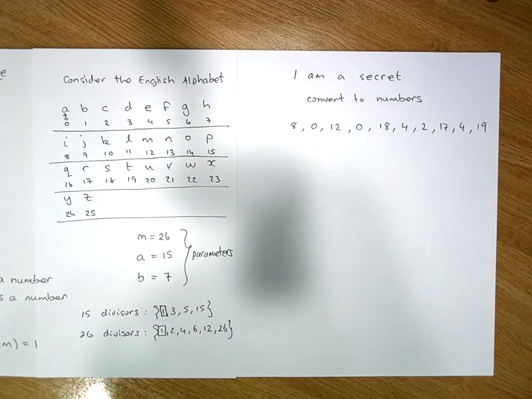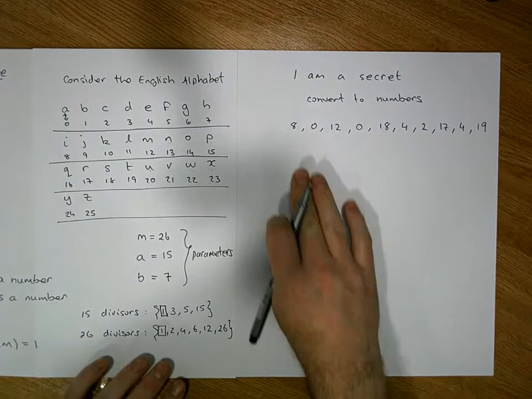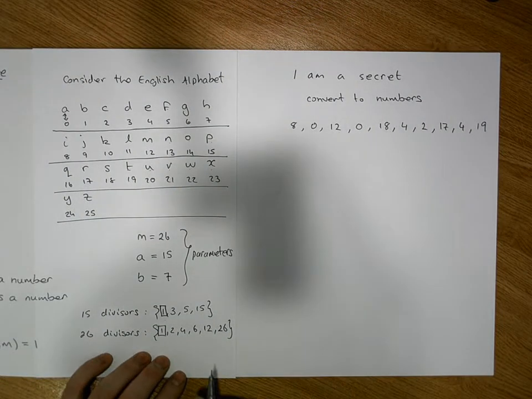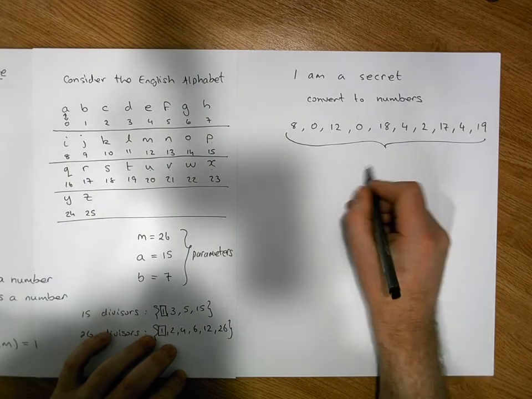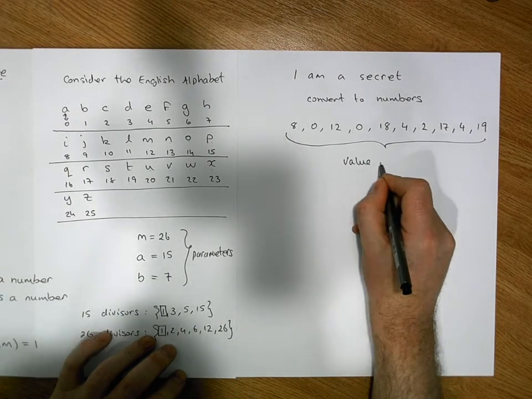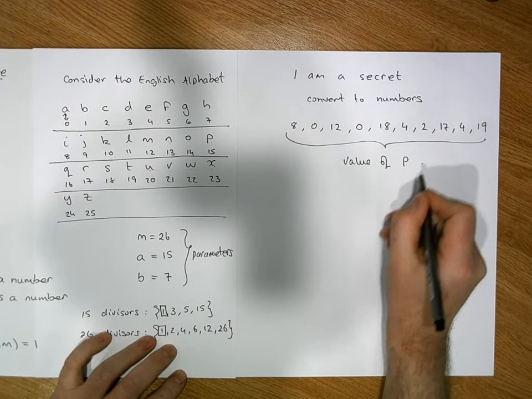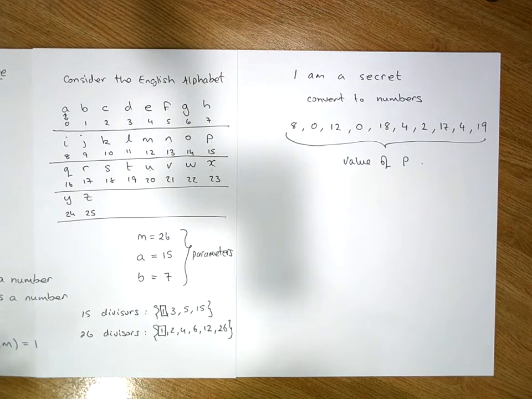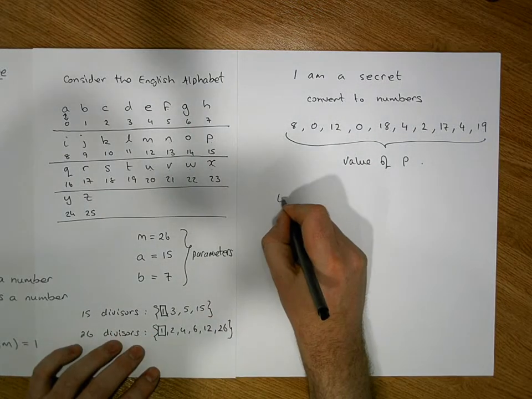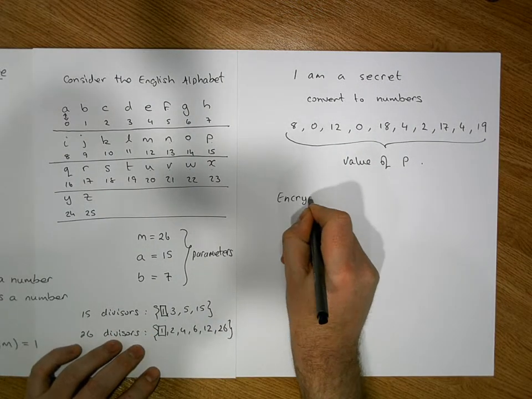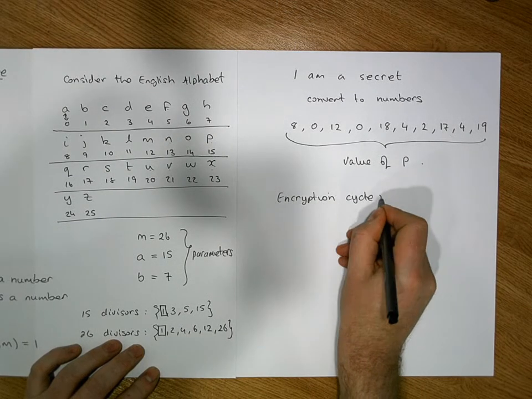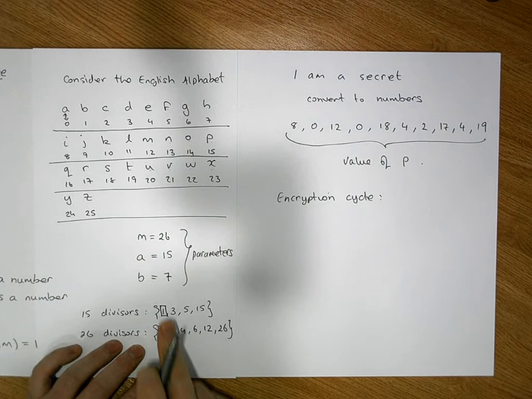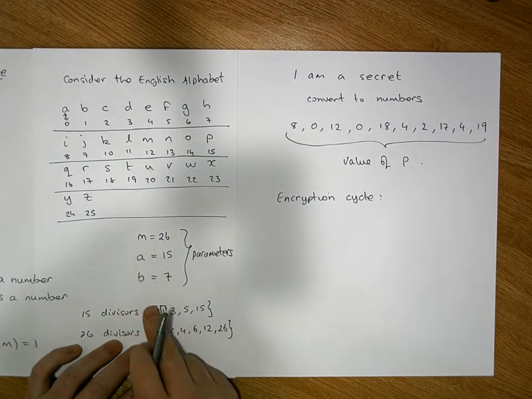So what we need to do now is take every single one of these numbers. Each one of these numbers is going to be a particular value of P, the plain text. Now we need to do our encryption, the encryption phase. Don't forget, M is 26, A is 15, B is 7.